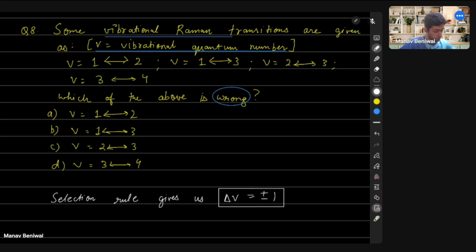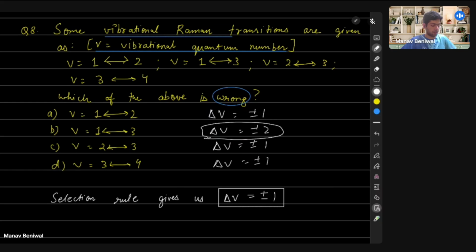So what is the delta V here? Here delta V is plus minus 1. Here delta V is plus minus 2. Delta V is plus minus 1. Again delta V is plus minus 1. Okay, so we can clearly see that this is the wrong one, and we are asked which of the above is wrong. So the correct answer is V equals 1, 2, 3.